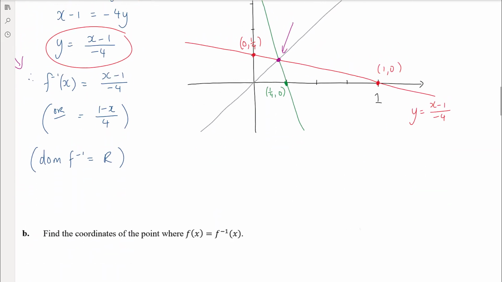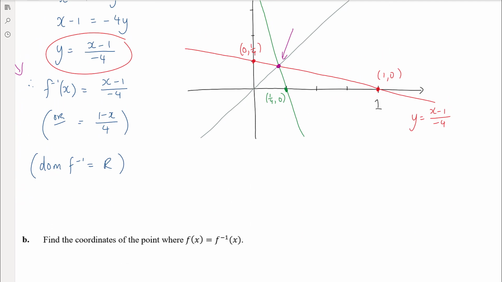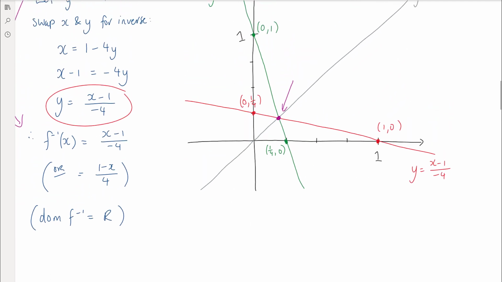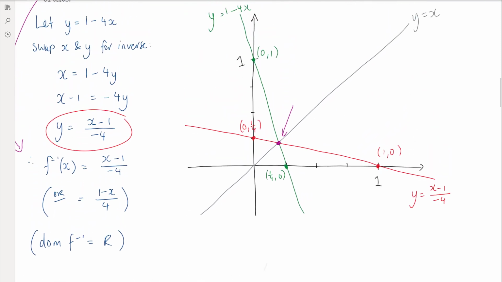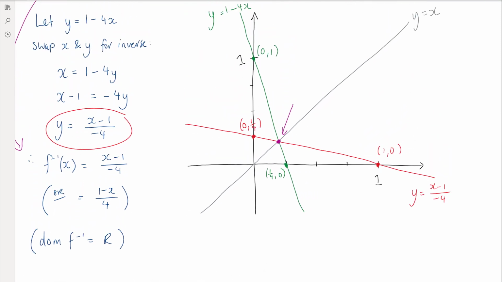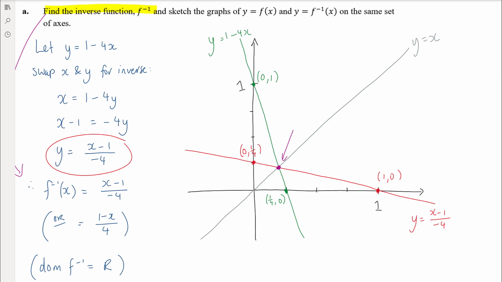Part B actually asks us to find the coordinates of the point where the original equals the inverse, so we're being asked to find the coordinates of that point of intersection. Now, the key thing that I want you to note here is that the point of intersection is when, so let me write them as f of x and inverse f of x.